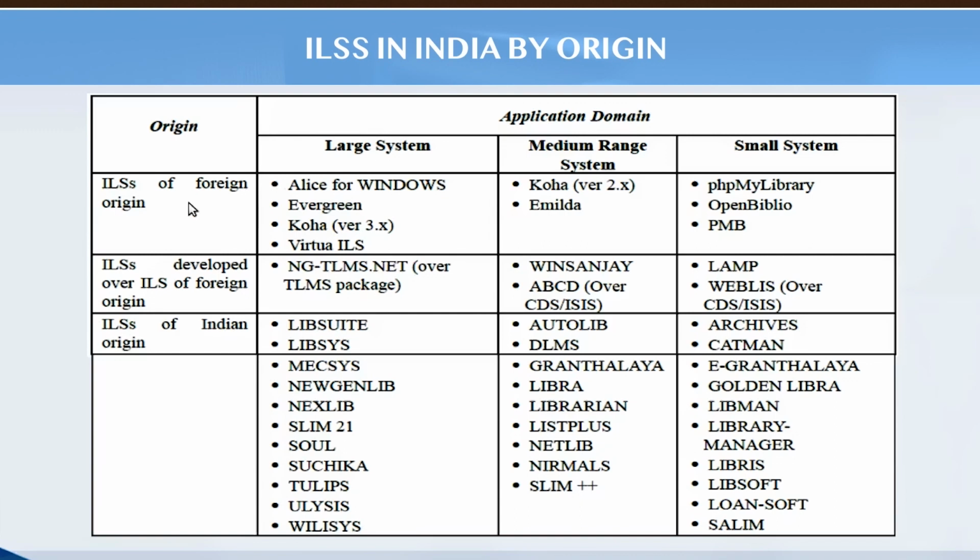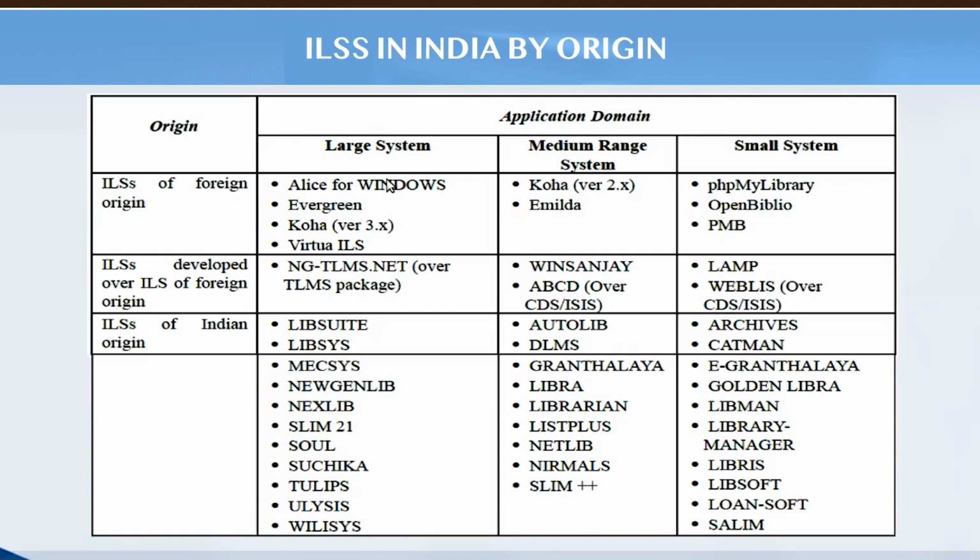ILSs of foreign origin, originated in foreign countries but utilized by Indian libraries. ILSs developed over ILSs of foreign origin, that means ILSs whose actual origin is foreign countries, but which are customized and modified according to the Indian environment. And the third group is purely ILSs of Indian origin.